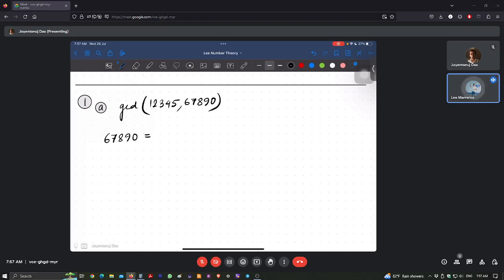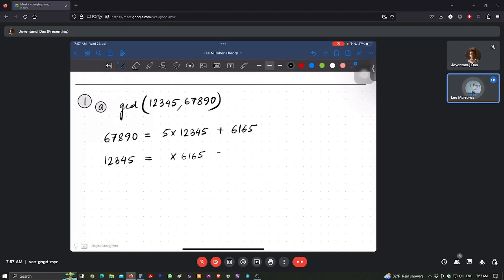So that would be equal to 5 multiplied by 12345, plus 6165. Then 12345 is equal to 6165 times 2, with remainder 15.